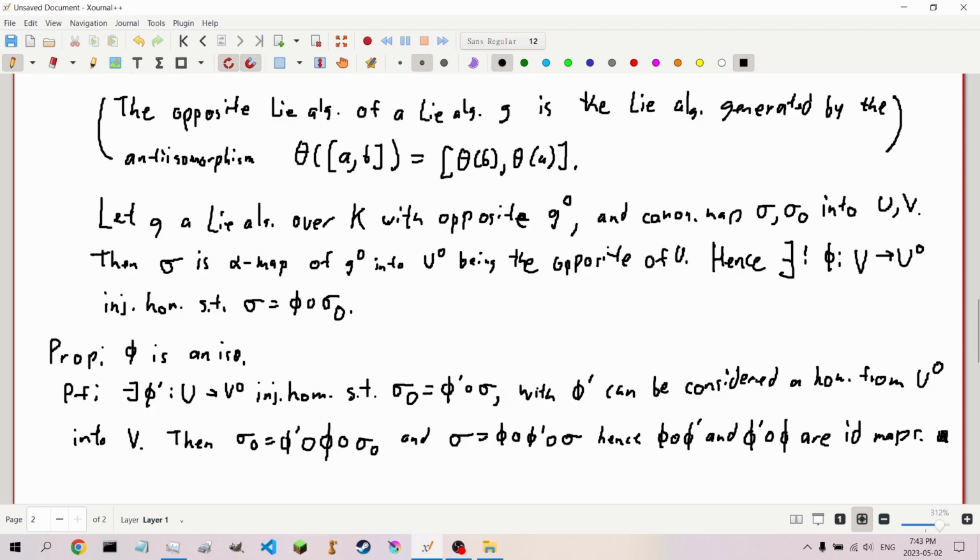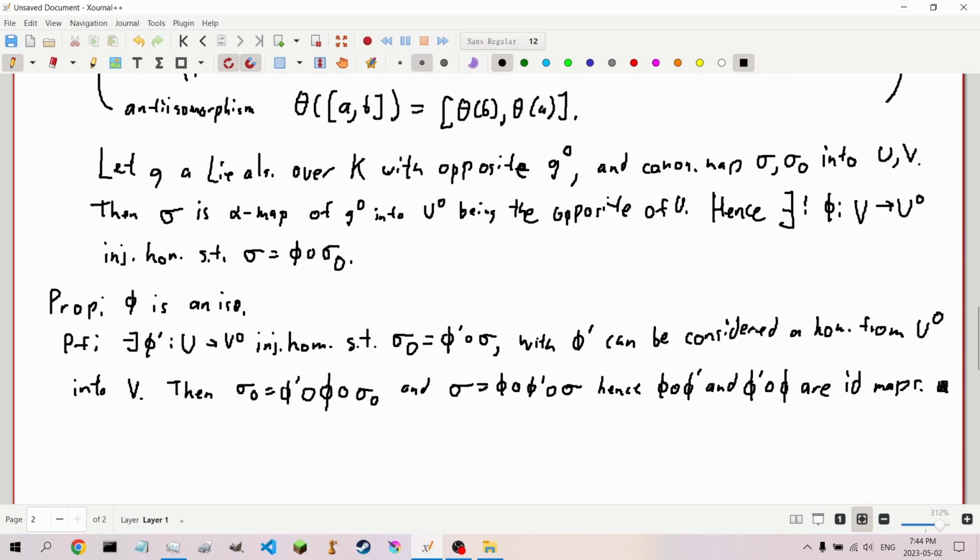And that is our proof. So sigma, to recap, identifies U naught with V, and sigma with sigma naught.